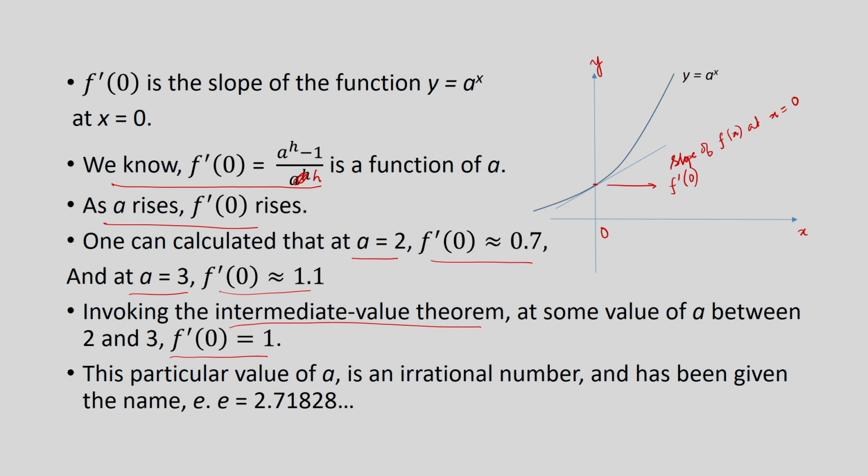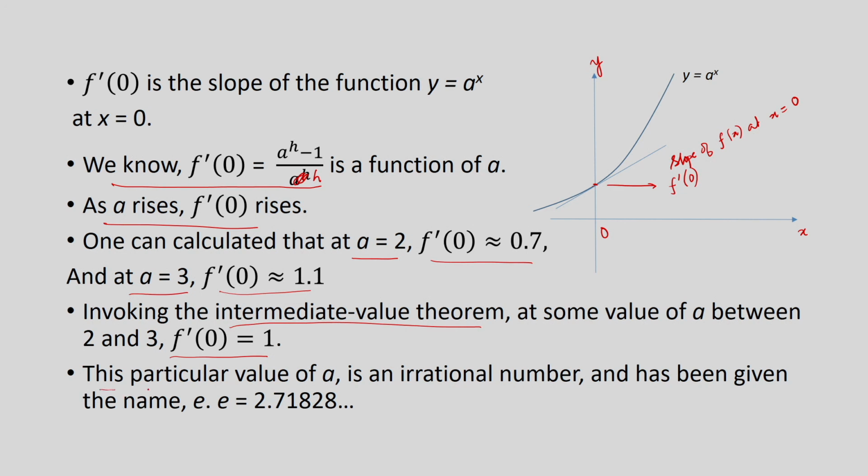So, at some point between 2 and 3, it must be the case that f dashed of 0 will be equal to 1, because at 2 f dashed of 0 is equal to 0.7, and at 3 it is very close to 1.1. So, there will be some value between 2 and 3, maybe very close to 3 rather than 2. At that point, f dashed of 0 will be equal to 1.